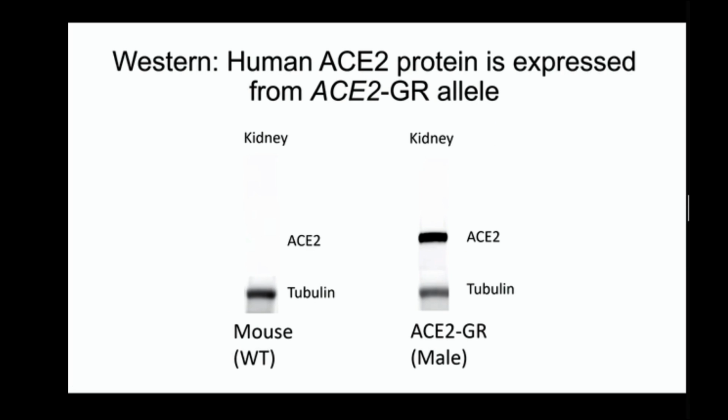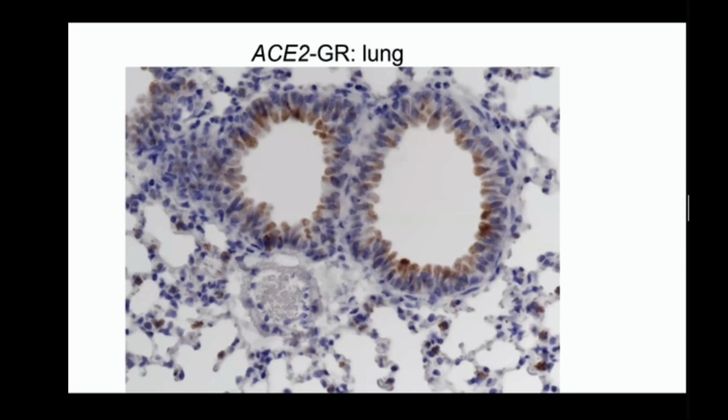On the protein level, it took a little hunting, but we were able to find a human-specific antibody. And with Western, the mouse does not make human ACE2 protein, but our ACE2 gene replacement line has a very nice signal for expression. We worked with the histology group and did some tissue staining.